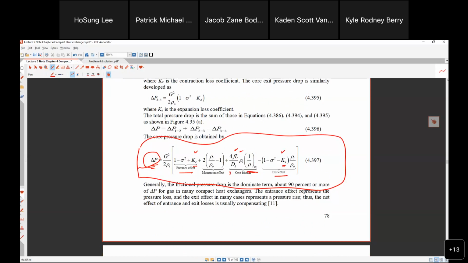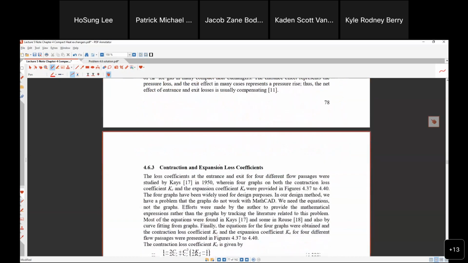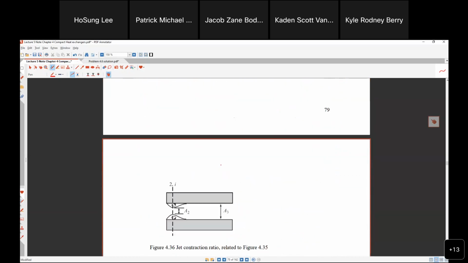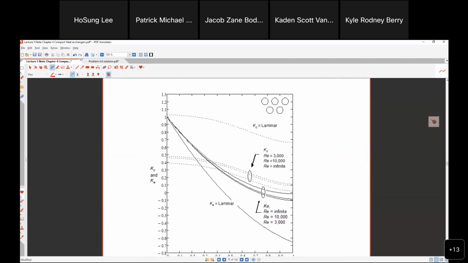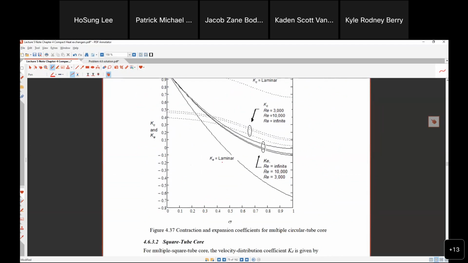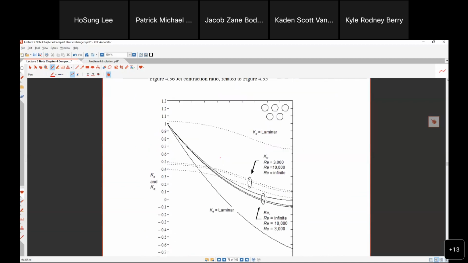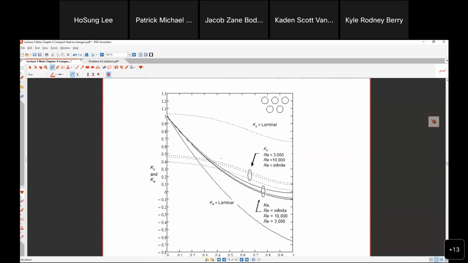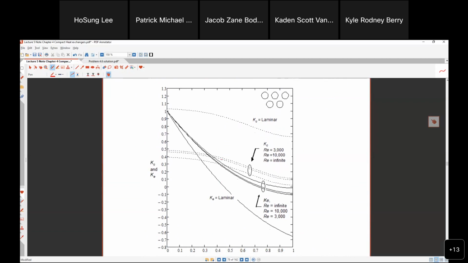All we need is the contraction and expansion coefficient. Let's look at it. Kays and London developed this graph. But then I have a problem.